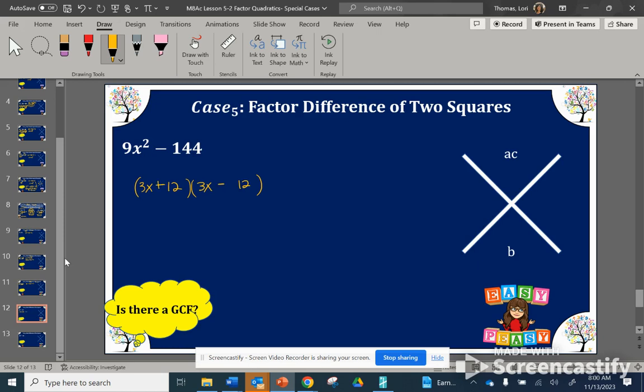But here's what I noticed. 3 can be factored from all of these. So we did have a GCF. So I'm going to factor out 3 and 3. And so really we could have originally divided to see if 144 is divisible by 9.